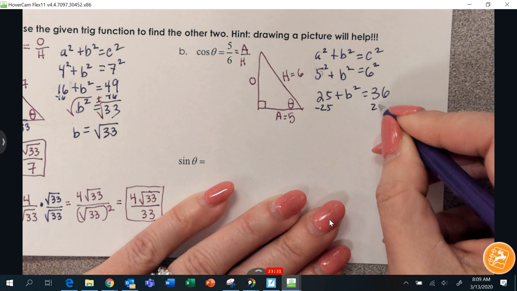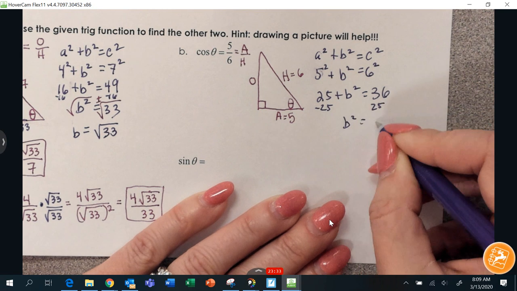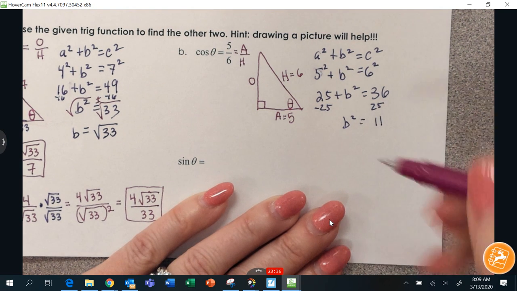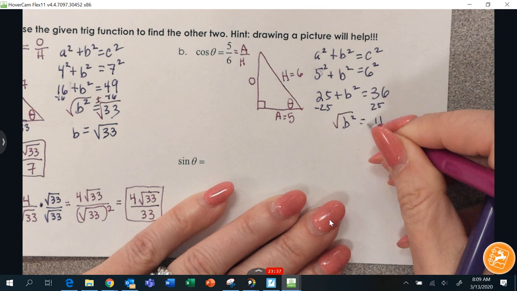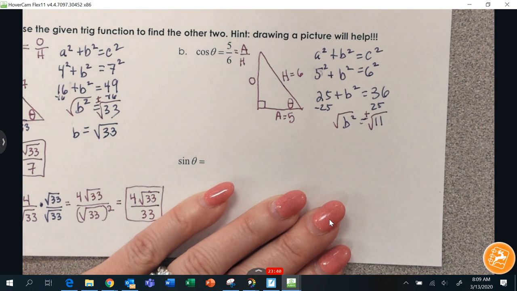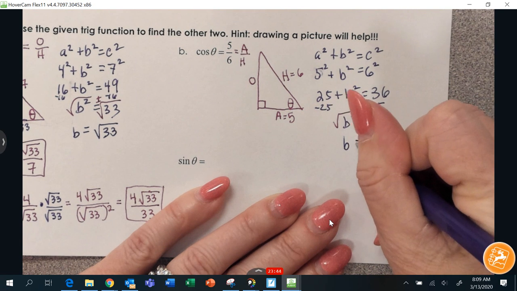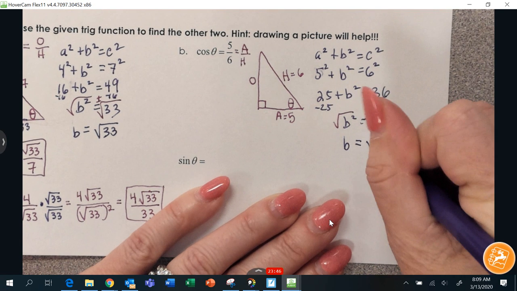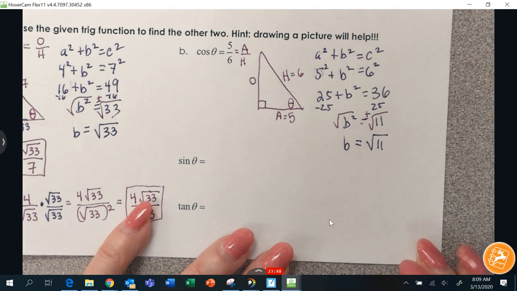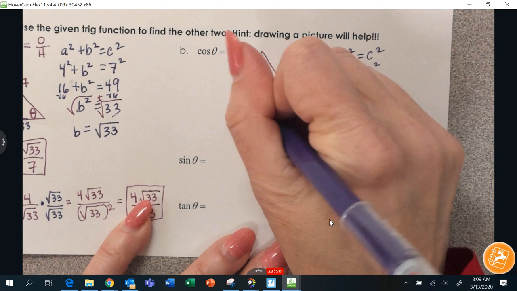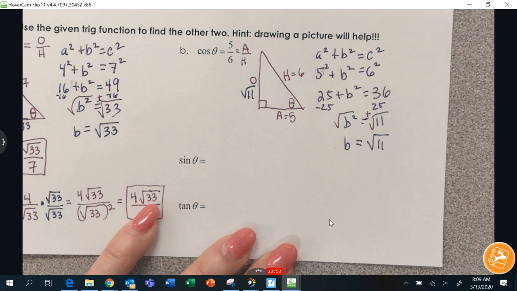Subtract the 25, get b squared equals 11. So we're going to square root both sides, and when I square root, I've got to do a plus minus. But when I do that plus minus, I'm going to reject the negative because it's a triangle. So my b value is square root 11. So that's going to be opposite.